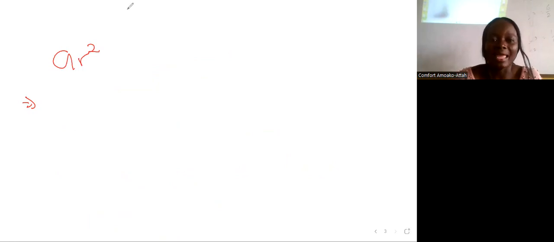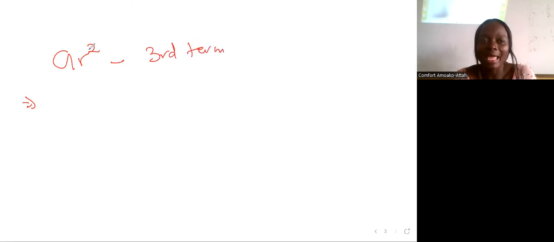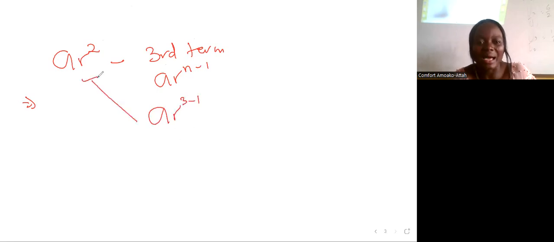So this is the third term. I told you that always the term that you are working on, minus 1, is your exponent. So it becomes AR exponent n minus 1. Since you are working on the third term, it becomes AR exponent 3 minus 1, and that gave us back our AR exponent 2. Are you getting it?